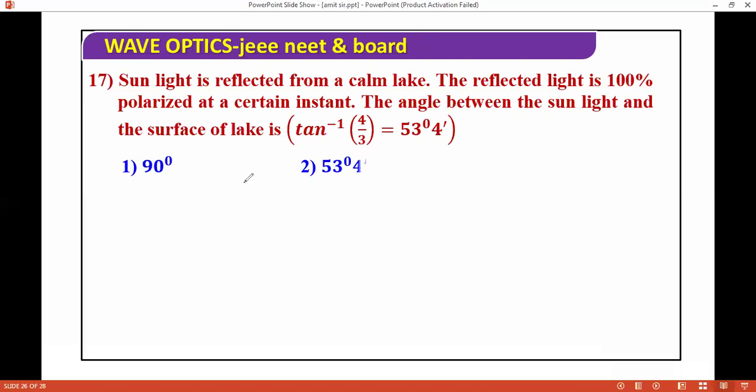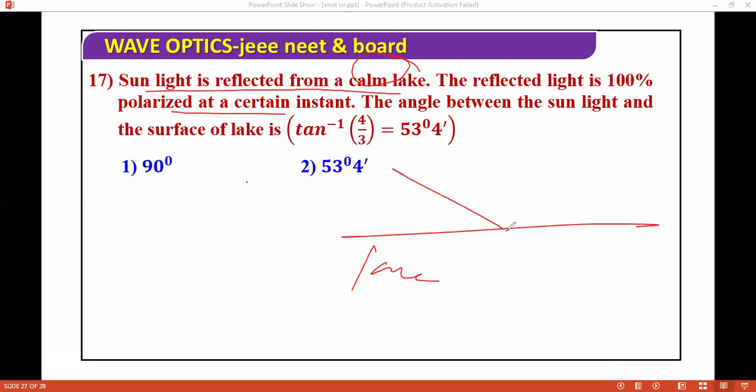Sunlight is reflected from a calm lake, and the reflected light is 100% polarized at a certain angle.